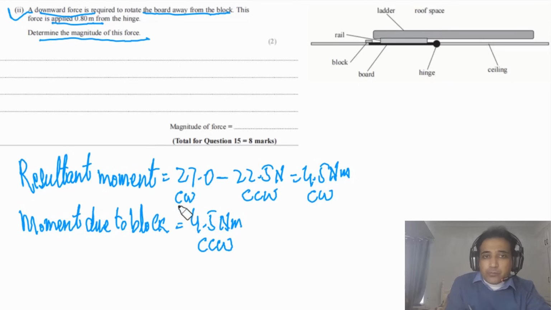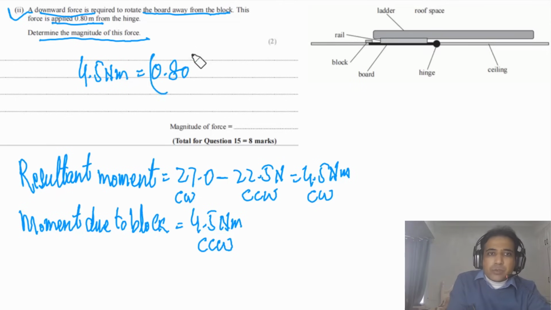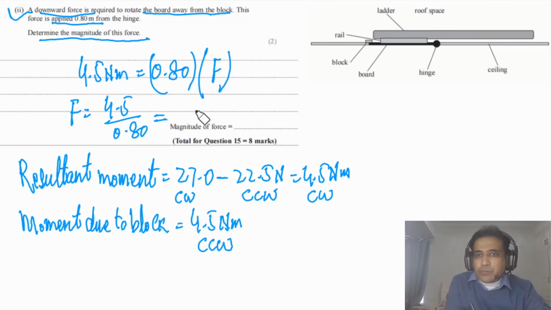Now we have the value of the moment, 4.5 newton meters, and the distance from the hinge is given, that is 0.80 meters. We need to find the magnitude of the force. So force will be equal to 4.5 divided by 0.80 meters. If we solve this one, we will get 5.63 newtons.